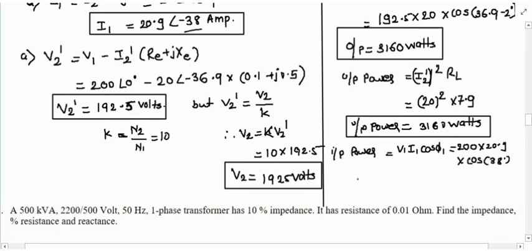So you will get the input power equal to 3300 watts.